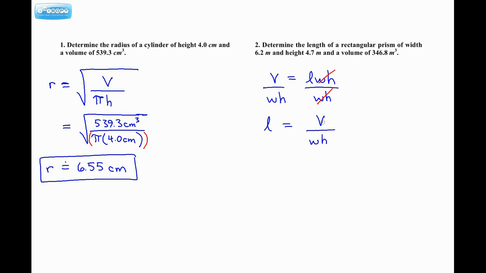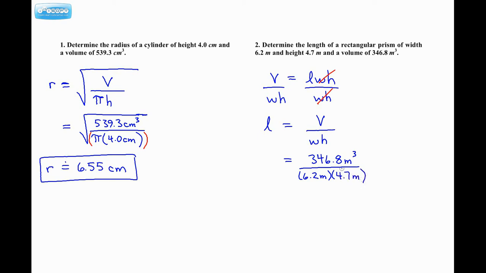Okay, so these three variables are already given. So this is 346.8 cubic meters, and that's being divided by the width and height, so that's 6.2 meters times 4.7 meters.